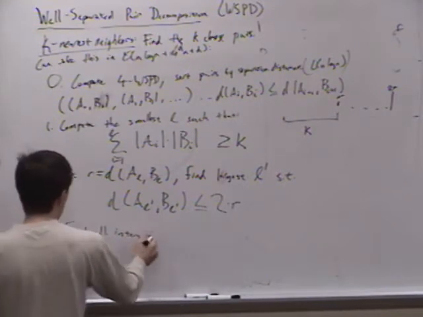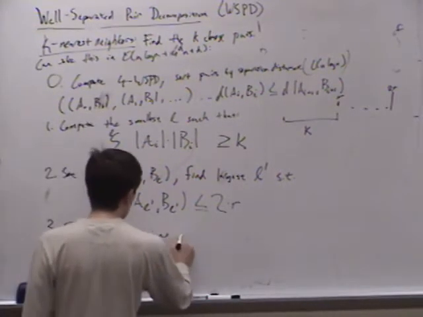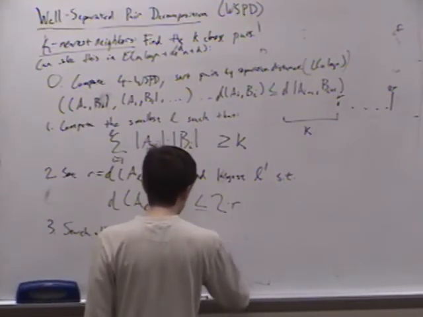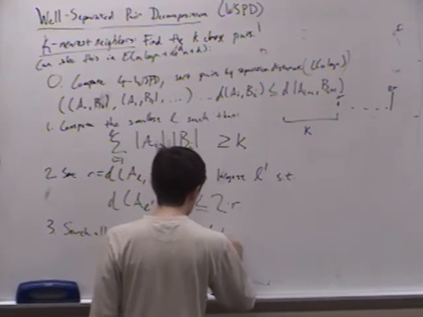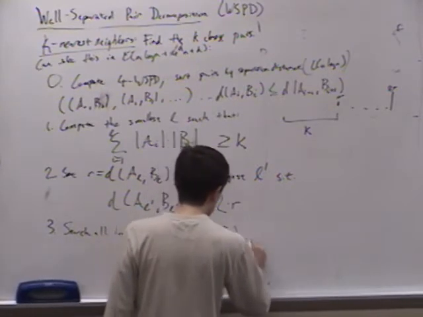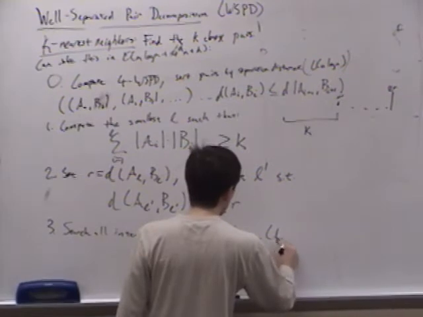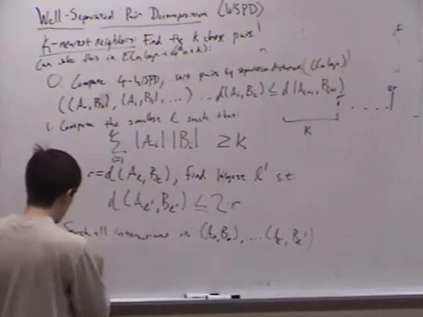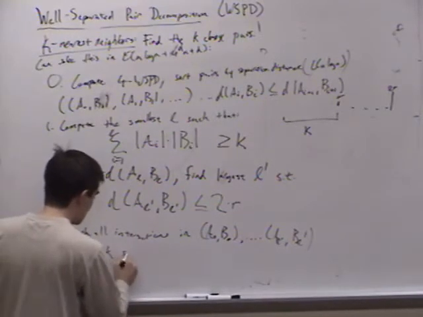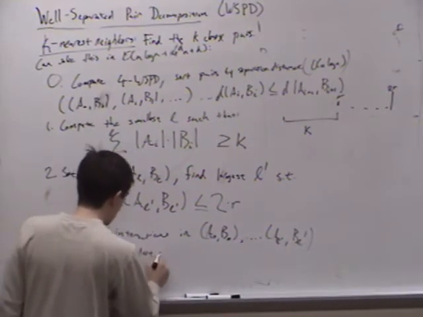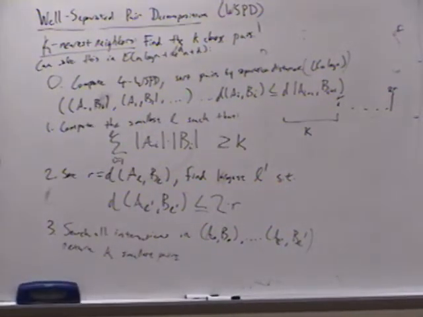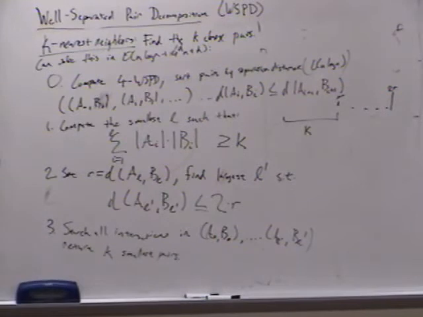You're going to find all pairs in A0, B0, etc., all the way up to AL prime, BL prime. Return the k smallest pairs. That's it.